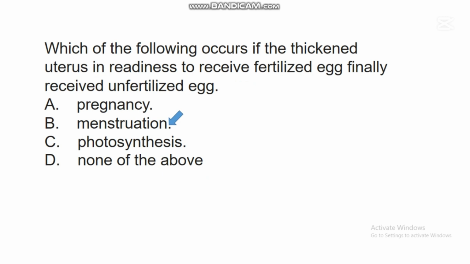If the uterus receives an unfertilized egg, the lining of the uterus will break down and some blood and cells will be lost from the body of that woman, and that discharge of blood is what we call menstruation. So this is telling us that menstruation occurs if the thickened uterus in readiness to receive a fertilized egg finally receives an unfertilized egg.